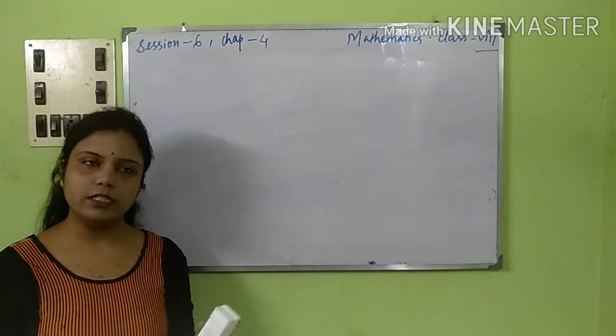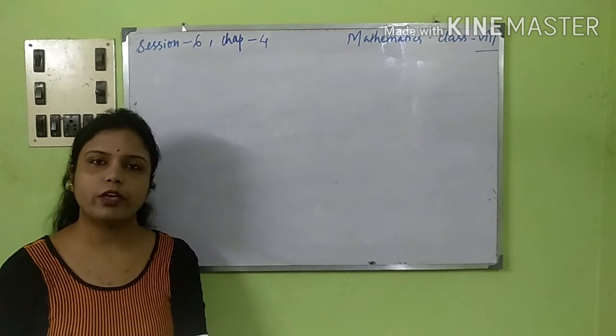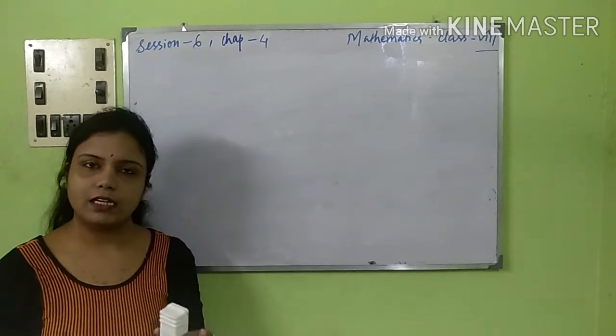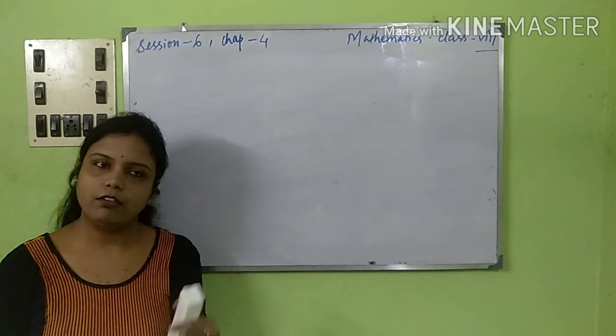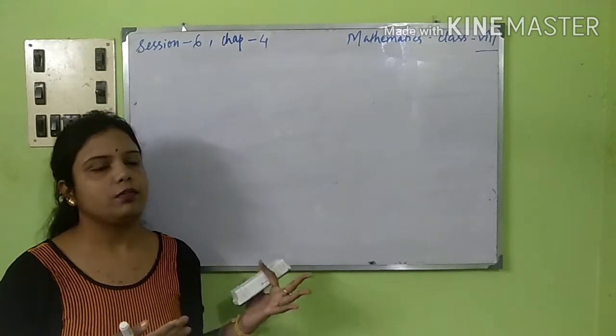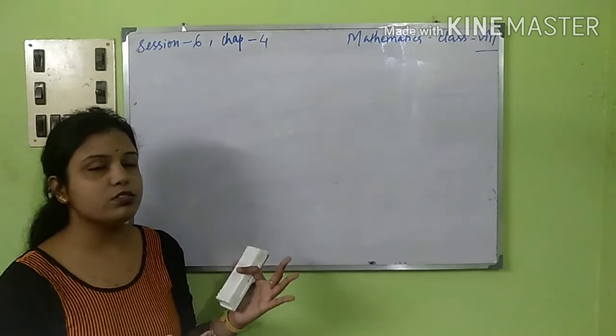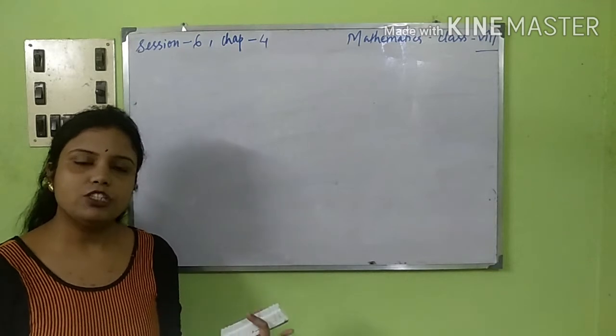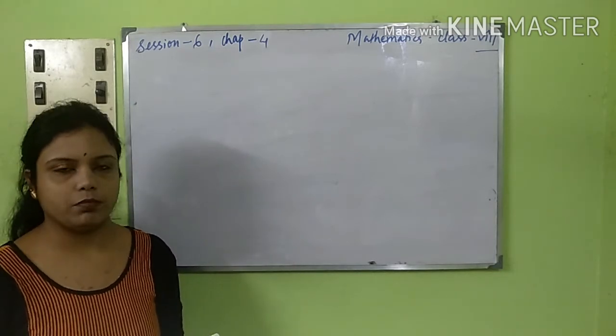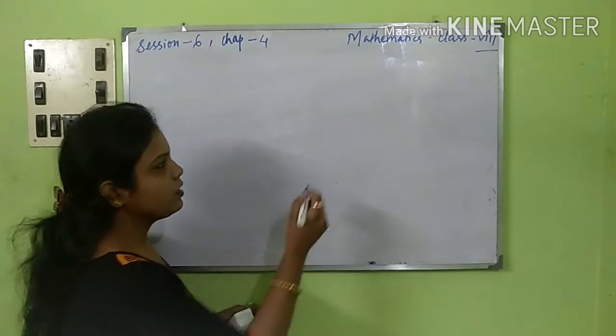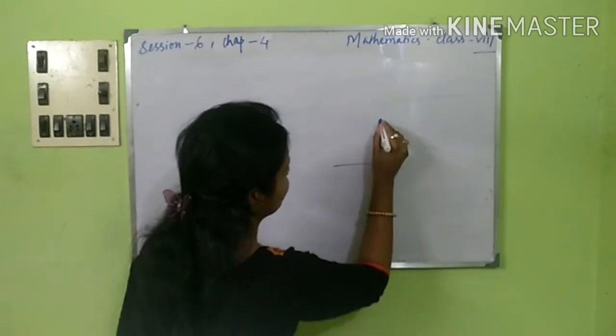Now in this chapter of square and square roots, we have one point, that is Pythagorean triplets. That is the same as your Pythagoras theorem, which we use on a right angle triangle. Suppose this is a right angle.